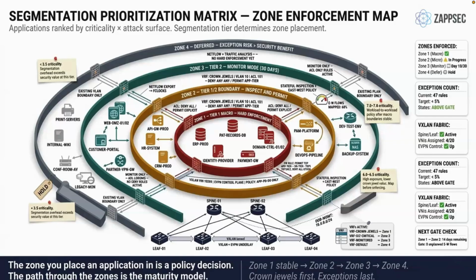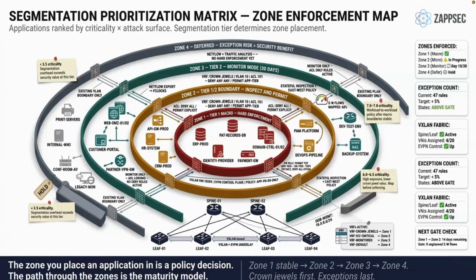If it stays above gate, you do not advance to the next year. So the dashboard isn't decoration. It's actually the gate. You go through one by one: first you configure and segment zone one, then you segment zone two, then zone three, and then zone four. That's how it should go. And it is the gate.